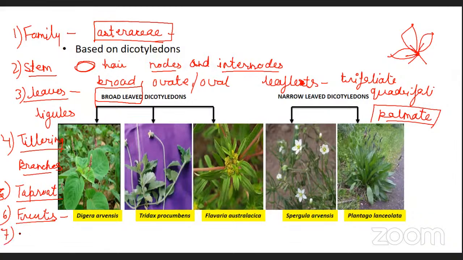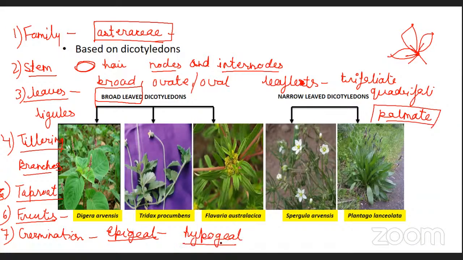And after fruits, if we talk about germination, mainly it is epigeal, but this is not fixed. In some cases, hypogeal germination is also seen in one or two crops, or in one or two families.